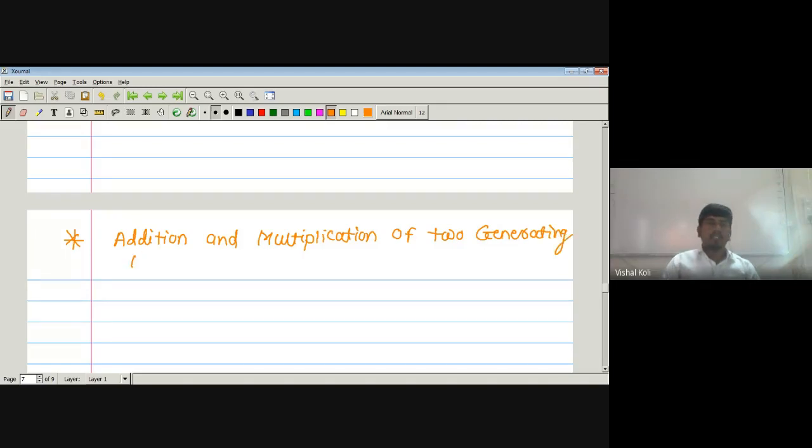Two generating functions. Okay. Suppose, let f(x) and g(x) be two generating functions.